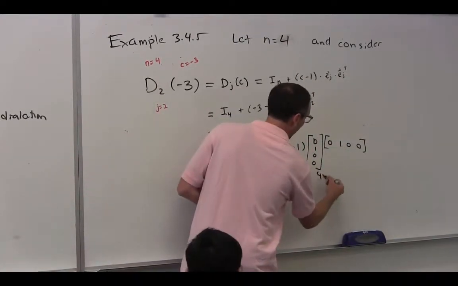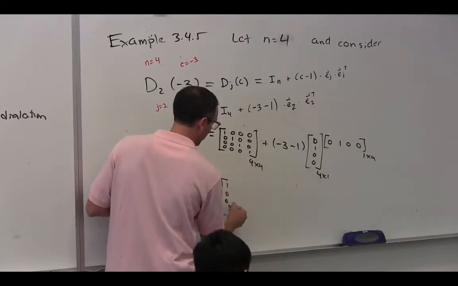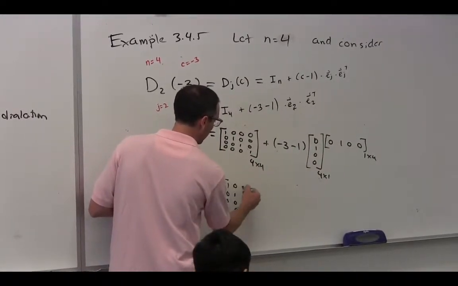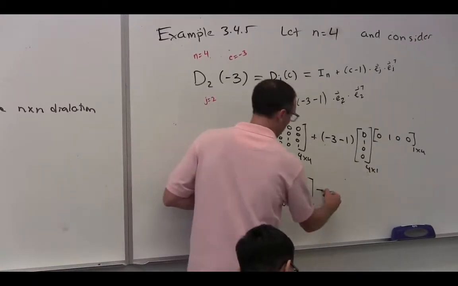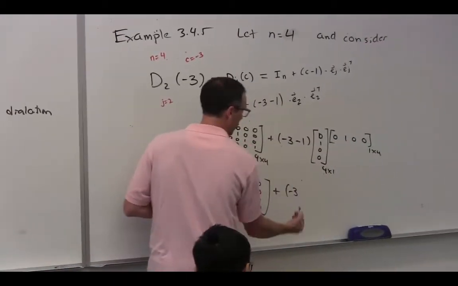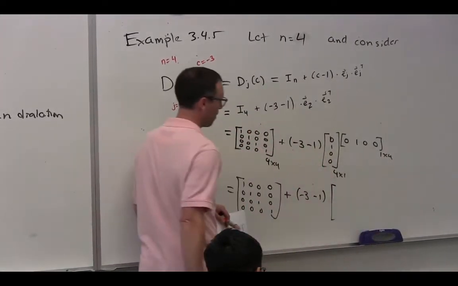This is a 4 by 1. That's a 1 by 4. So now I've got the matrix 1, 0, 0, 0, 0, 1, 0, 0, 0, 0, 1, 0, 0, 0, 0, 1, plus minus 3, which was my C, minus 1. What's this matrix look like?